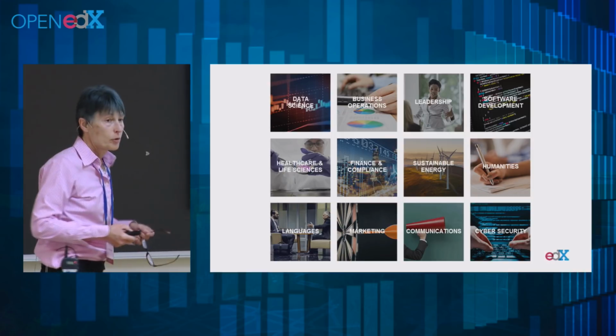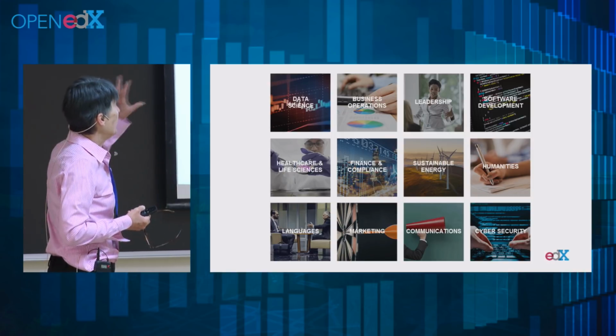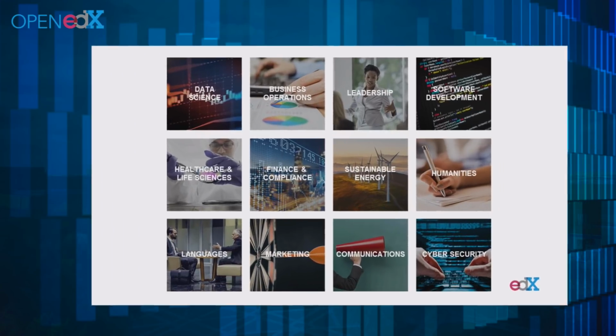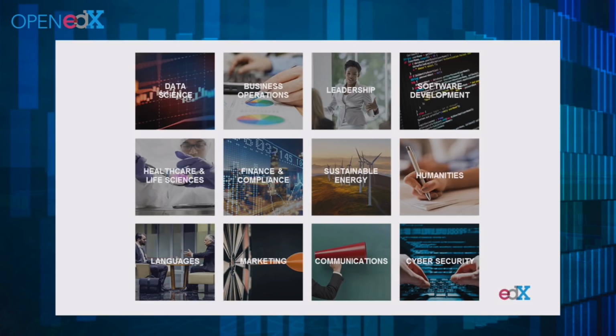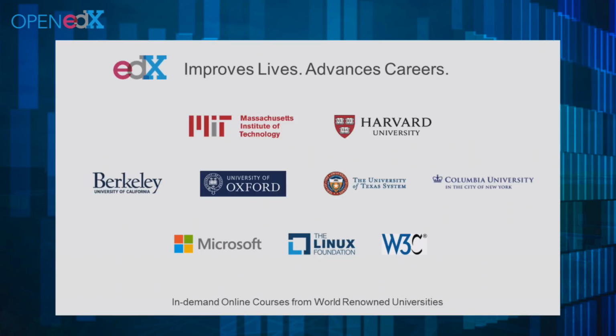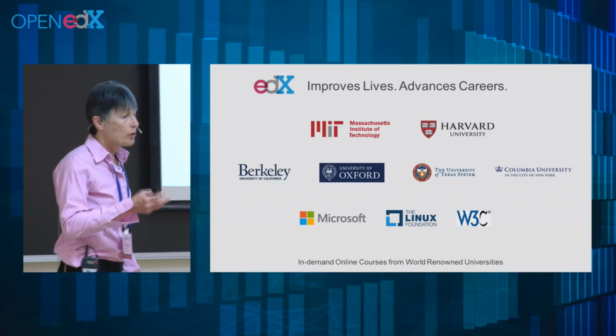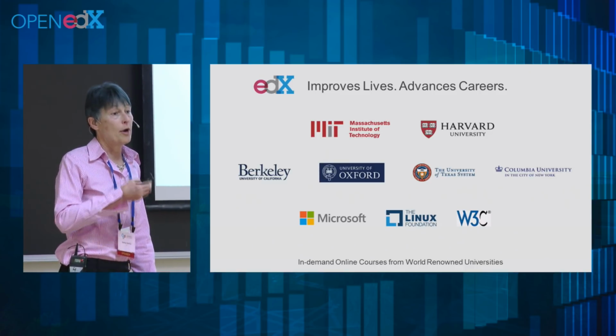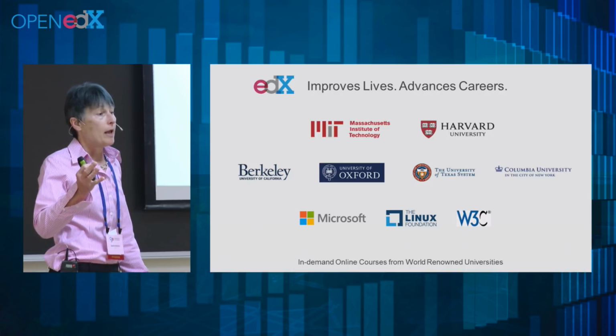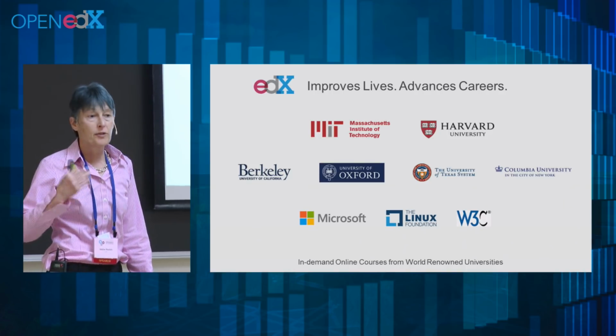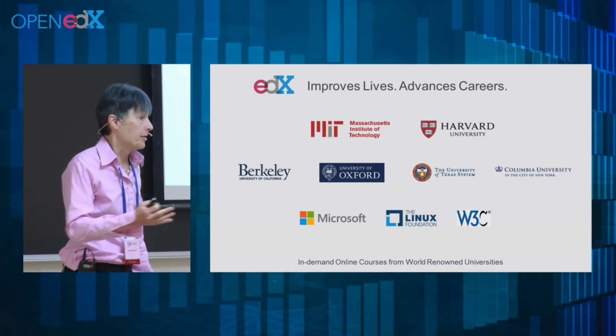edX.org has lots of courses and programs in lots of different areas, right? Data science, cybersecurity, hard skills, soft skills, from a variety of universities and institutions. And these are well known. We have many more of them, but these are courses that you could potentially offer on your platforms, not being competitive, but something that your learners might be interested in.